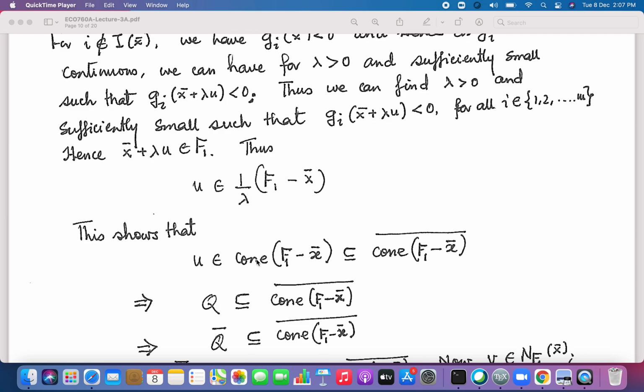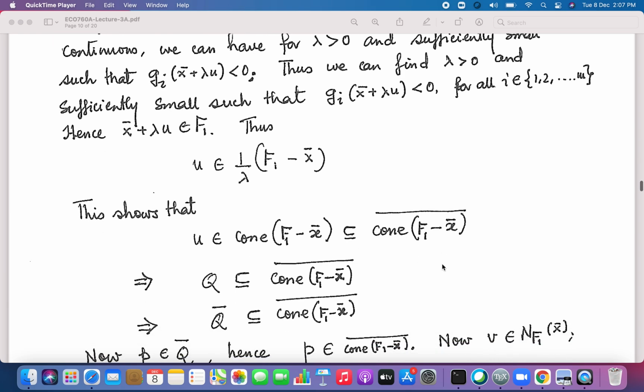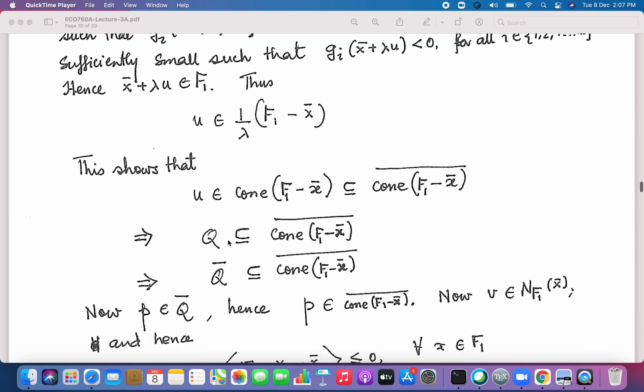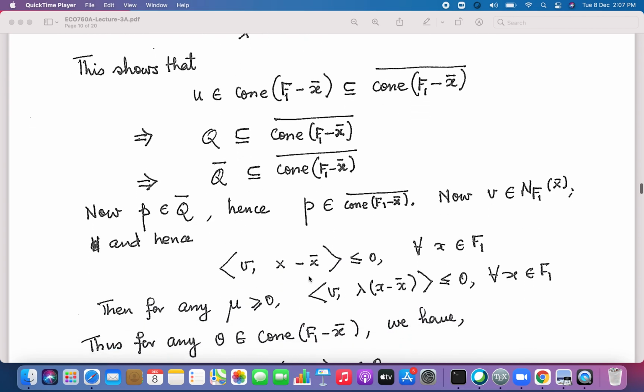So that actually belongs to the cone generated by F1 minus x bar, which is contained in the closure of the cone generated by F1 minus x bar. So Q is contained in the closure of the cone generated by F1 minus x bar, and Q closure is nothing but the smallest closed set containing the set Q, and so Q closure is a subset of this.